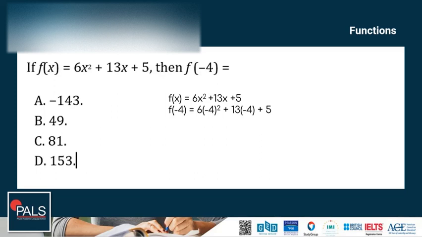Following the order of operations, we have 6 times 16 minus 52 plus 5, and then 96 minus 52 plus 5. The value of the function when x is equal to negative 4 is equal to 49. So the answer is letter B, 49.